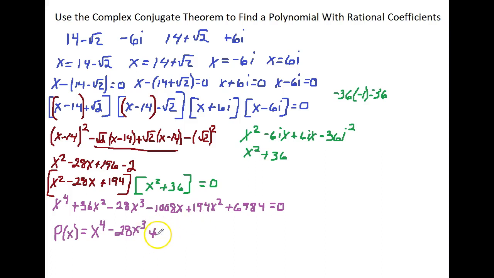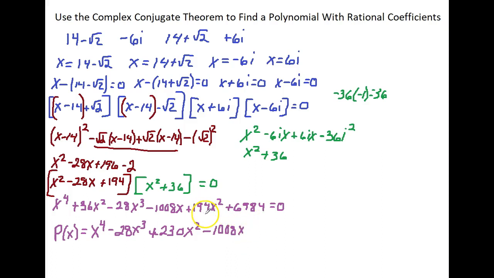So plus 230x squared. And then I only have one term that just has an x. That's pretty nice. So I just bring this down, minus 1008x.